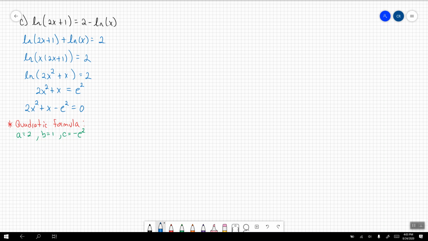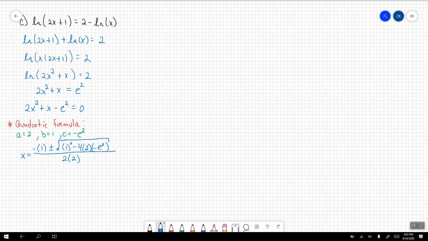So solving this, I now get x is equal to, negative b plus or minus square root of b squared minus 4 times a times c, all divided by 2a.